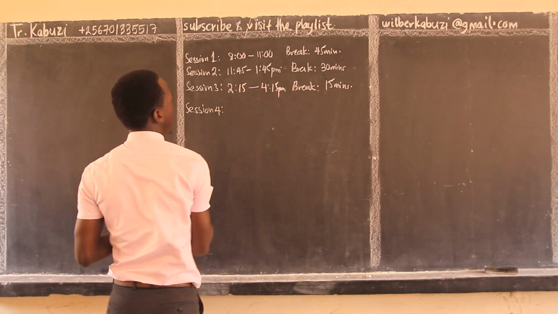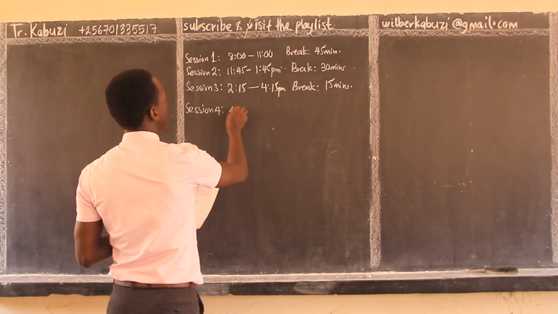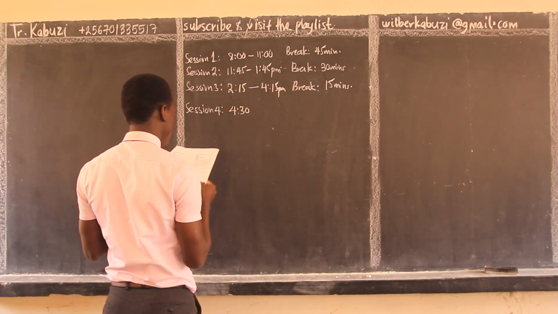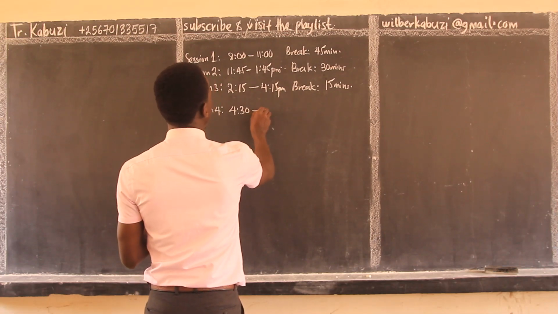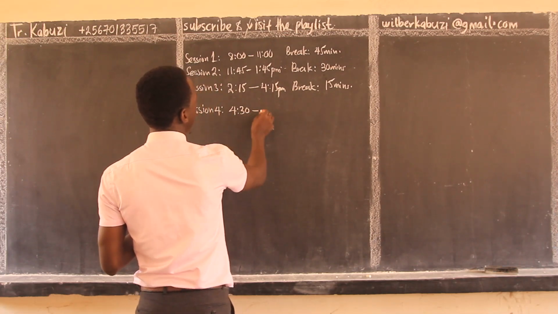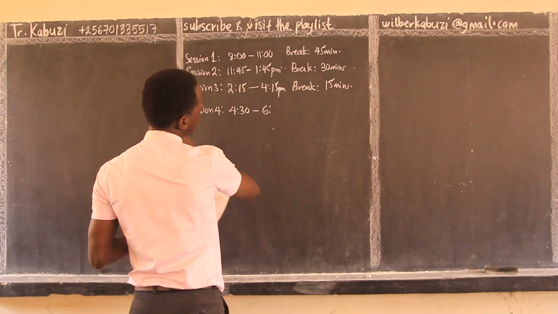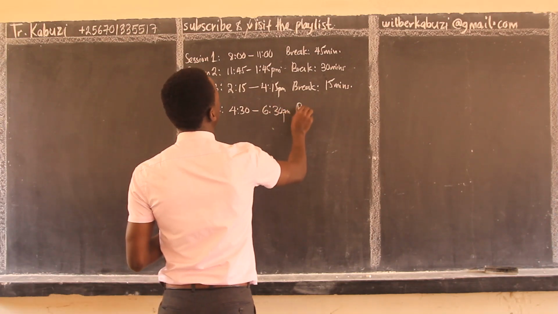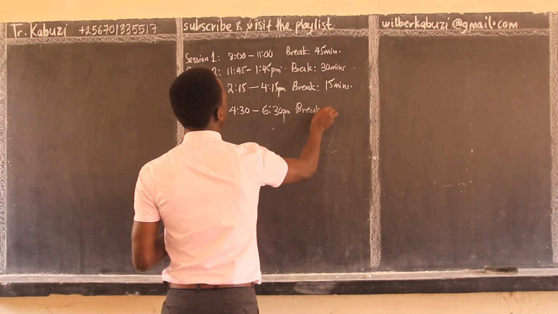So if I add 15 here, I'll get now to my 4th session, session 4. Add 15 here, I'll be having 4:30. The 4th session takes also 2 hours, so this will push us to 6:30 p.m., followed by a break.